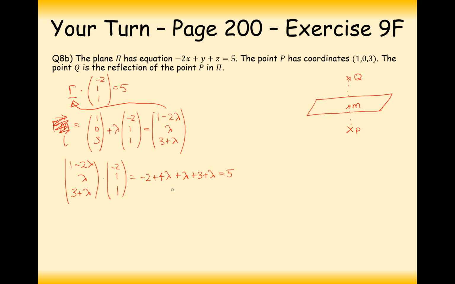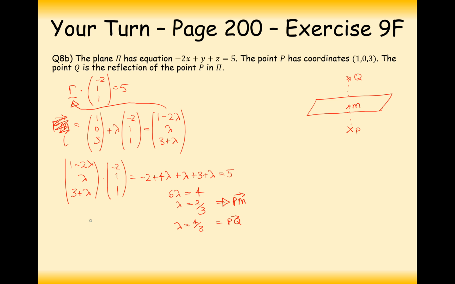So taking all the lambdas over to the other side, we get 6 lambda equals, well, we're going to add 2, so 7 minus 3, we get 4, so lambda here is going to equal 2/3. That is to get to M. So if we want to get to Q, we're going to use lambda equals 4/3, because we want to go double the distance from P to Q.